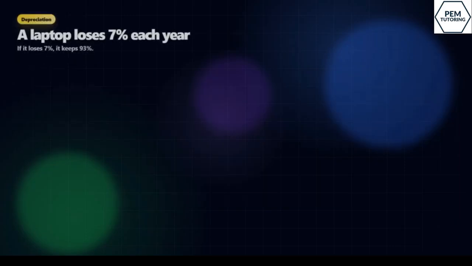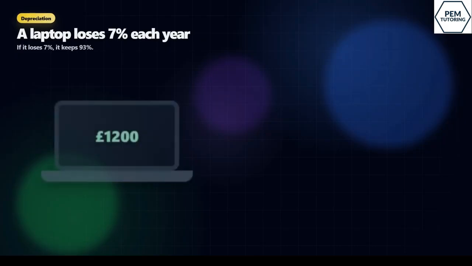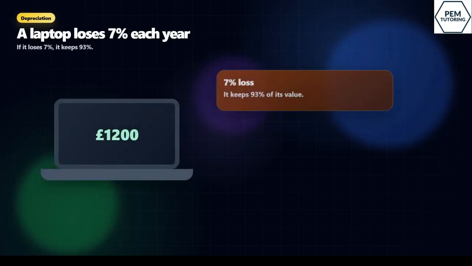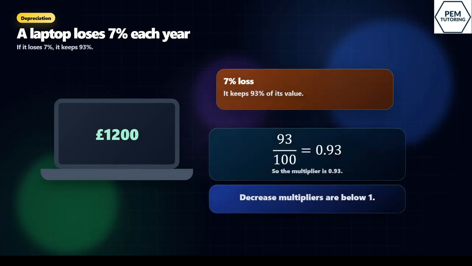Now, compound change can also go the other way. Imagine a laptop costs £1,200, but it loses 7% of its value every year. That is called depreciation. If it loses 7%, it keeps 93%, and 93% as a decimal is 0.93. So the multiplier is 0.93.